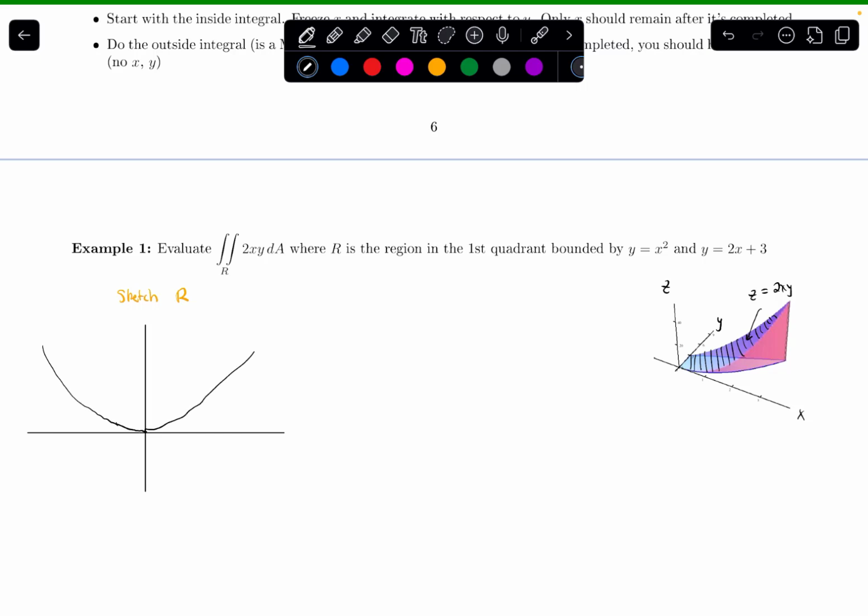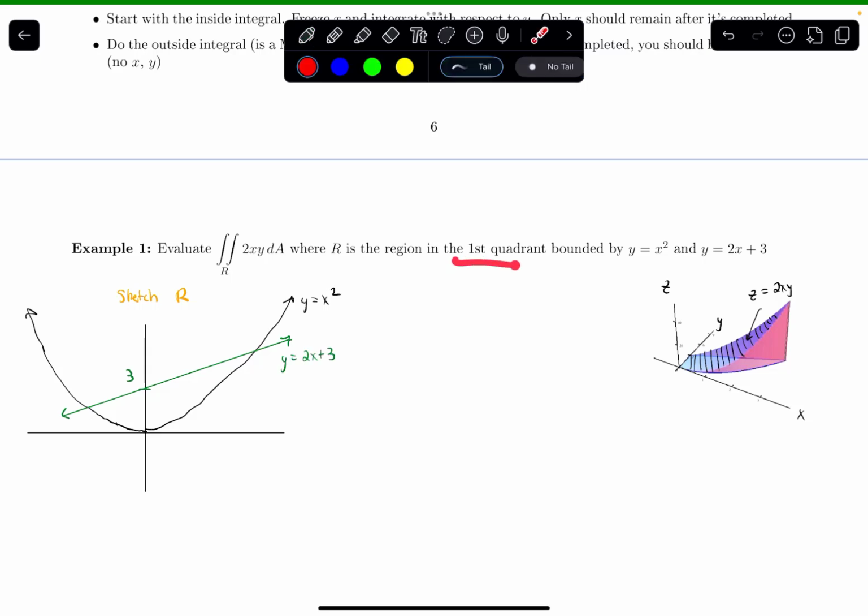So something like this. So y equals x squared. And then y equals 2x plus 3 is a line where the y-intercept is at 3 and the slope is 2. So it'll intersect the parabola twice. I'm deliberately making it a little bit more flat to make it clear that it will intersect twice. So y equals 2x plus 3.